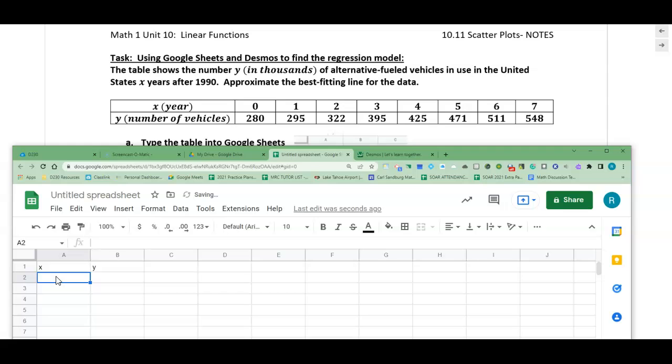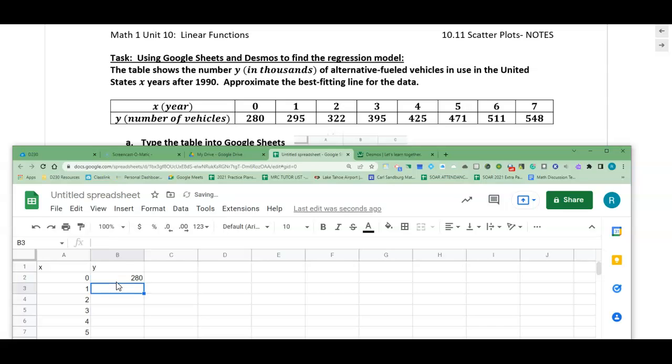So we're going to take our x values and we're just going to type them in, right? So 0, 1, 2, 3, 4, 5, 6, and 7. Okay, then we're going to take our y values and plug them in. So remember, this table on the paper is horizontal, but we can transfer it to be vertical. Doesn't matter.